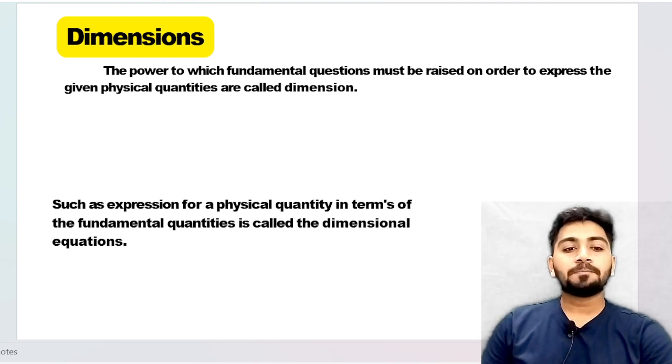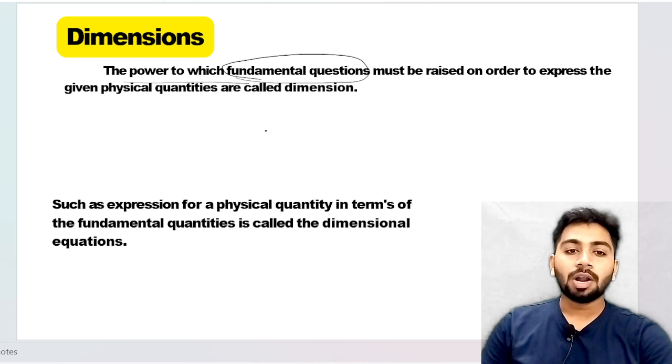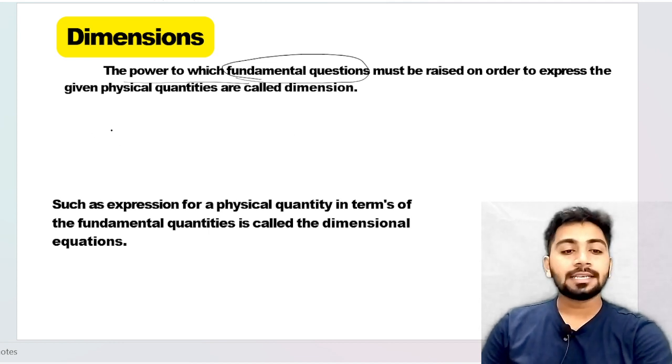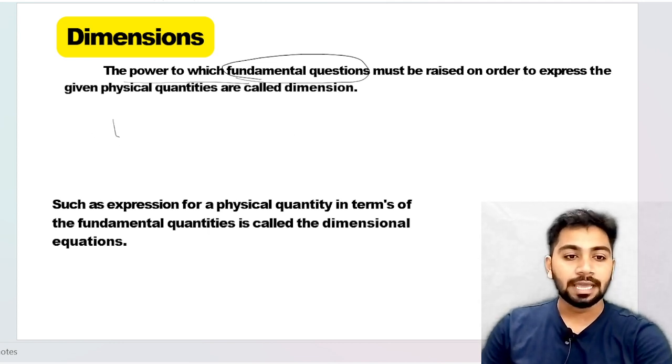See, the power to which fundamental quantities, which you all know are universal quantities, must be raised in order to express the physical quantities is called dimension. What they are saying is just simple. Let us take a fundamental quantity, for suppose length.